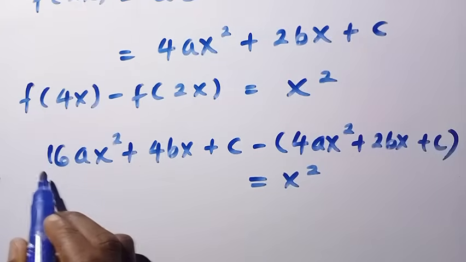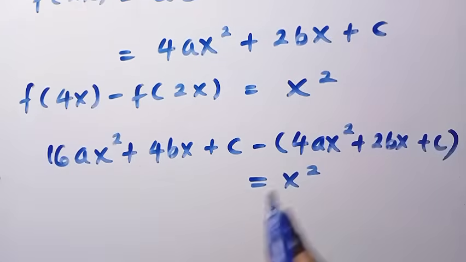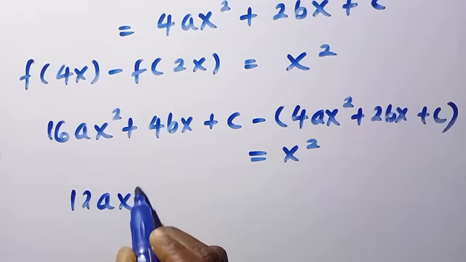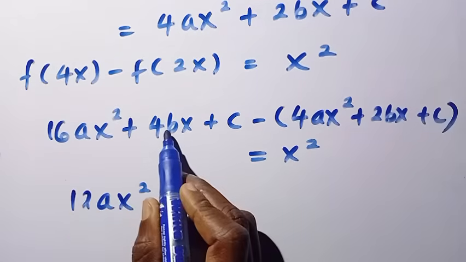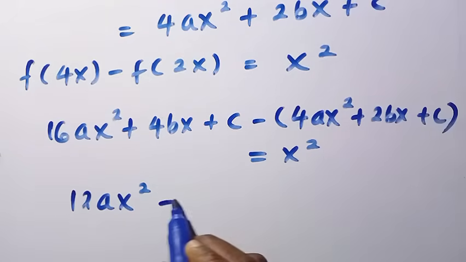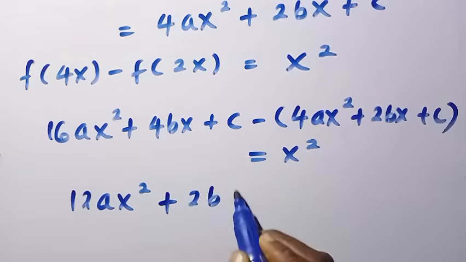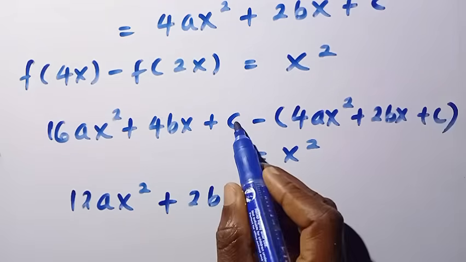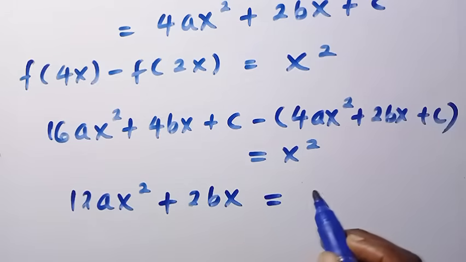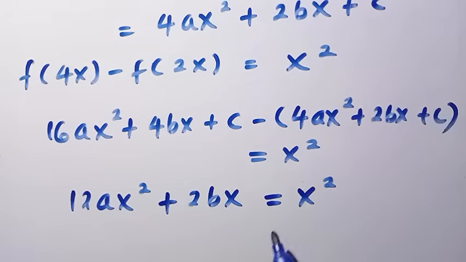By combining this together, 16ax squared minus 4ax squared gives us 12ax squared. Then here is 4bx minus 2bx, which gives us 2bx. And here we have c minus c, that cancels out, and everything equals x squared.